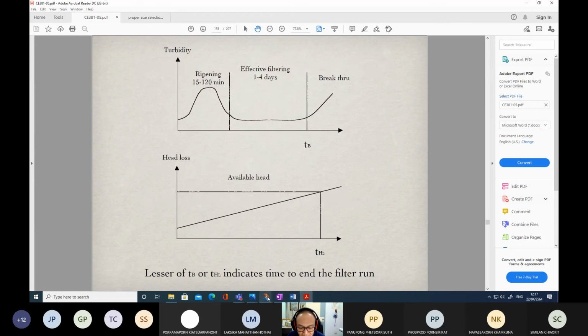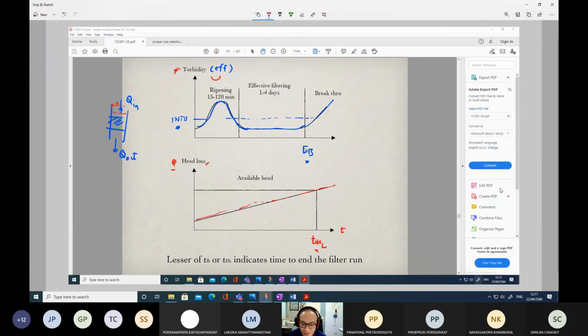We prefer the times to reach the total head loss first before it reaches the breakthrough times. What does it mean? It means that we prefer the times to reach the head loss limit before the times to reach the breakthrough times.